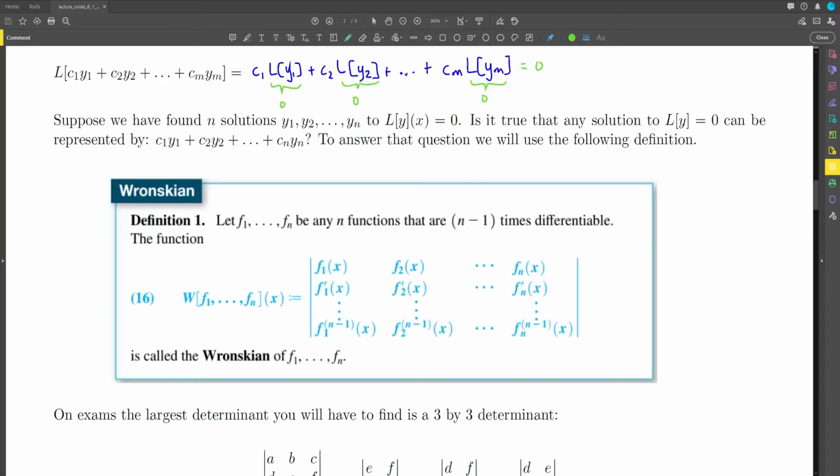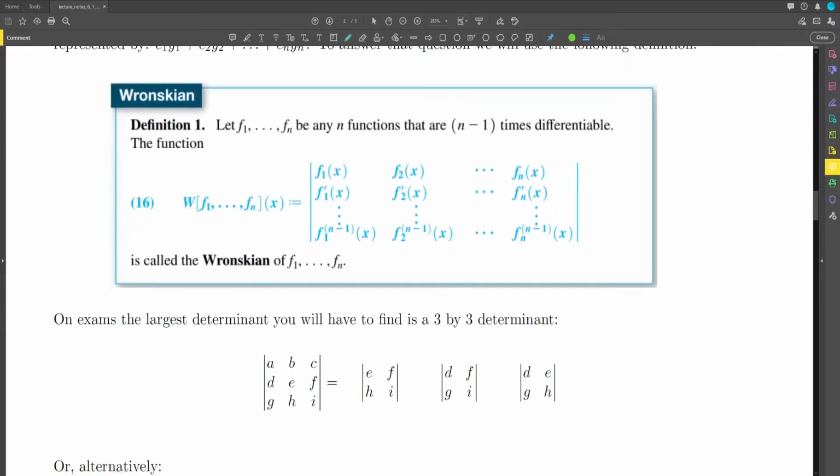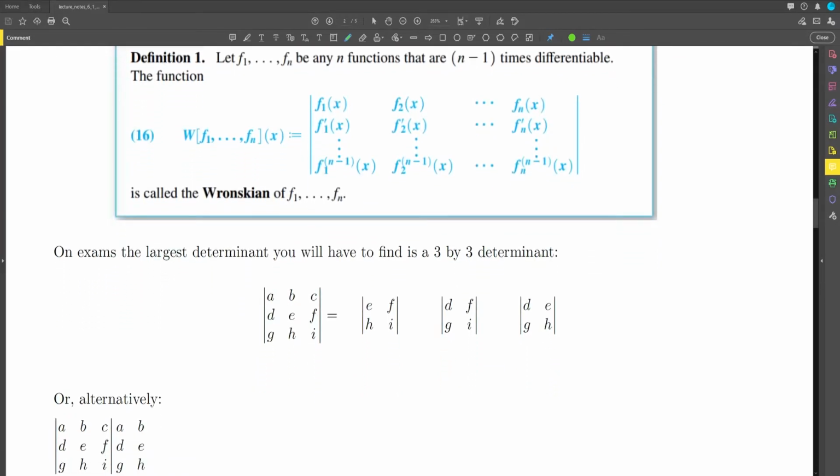On exams, the largest determinant you will have to find is a 3 by 3 determinant. So in order to find a 3 by 3 determinant, we're going to look at the first row of the determinant, and then we're going to take a look at the cofactor of each of the terms in the first row. So for A, the cofactor is A times the minor determinant EF HI.